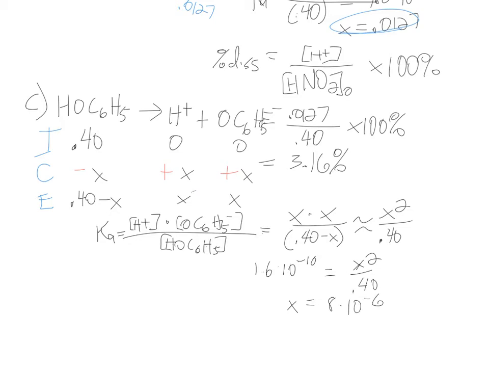Once we've got that value of X, we have the hydrogen ion concentration at equilibrium. Based on our ice table, we know that X is the concentration of hydrogen ion. So we can plug into the percent dissociation equation, which would be the concentration of hydrogen at equilibrium all over the initial acid concentration times 100.